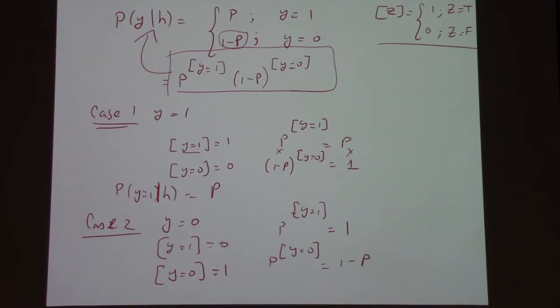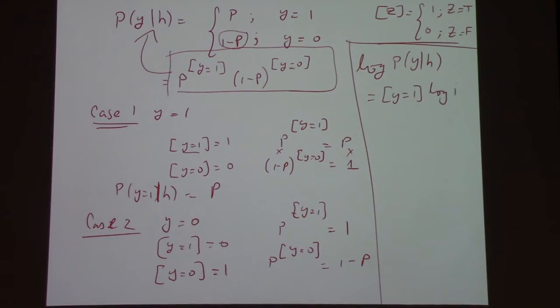So what is log P of Y given H? It's simply the indicator that Y equals 1 times log P plus the indicator that Y equals 0 times log 1 minus P. And this makes our calculus a lot easier.